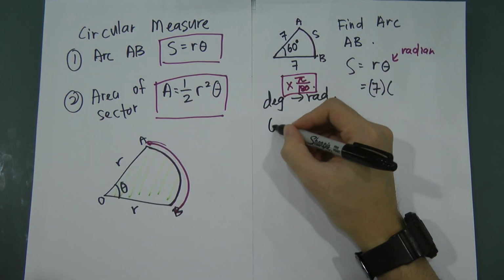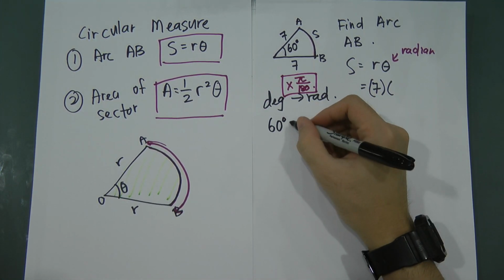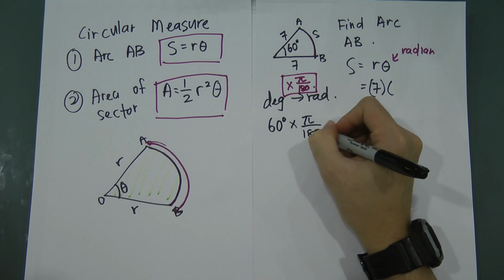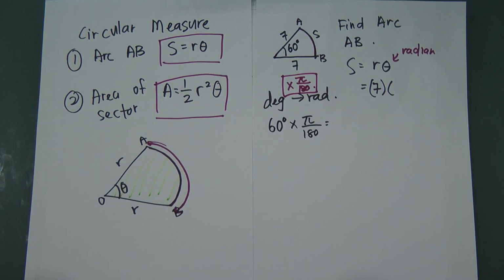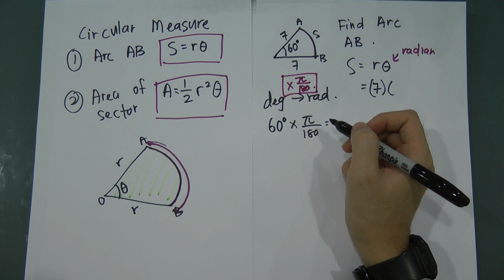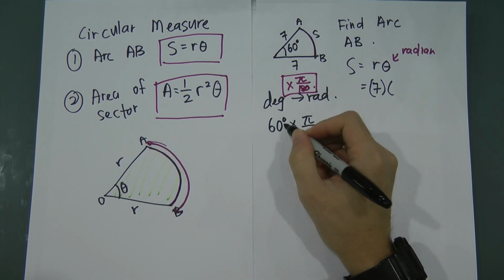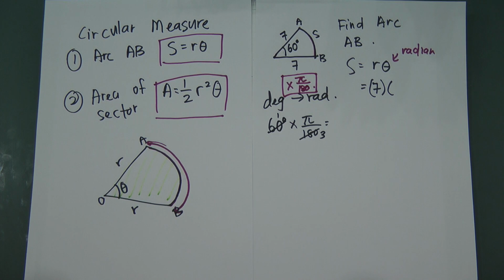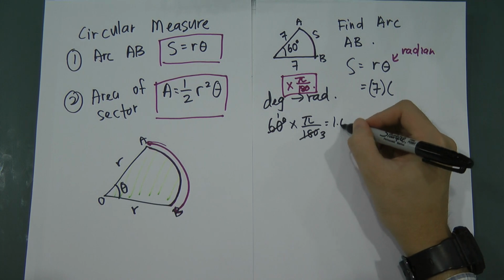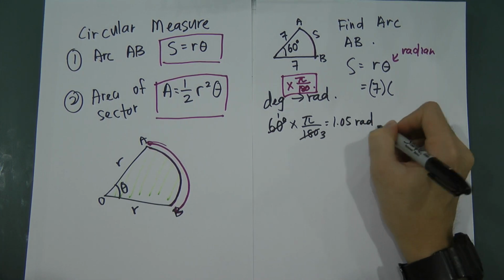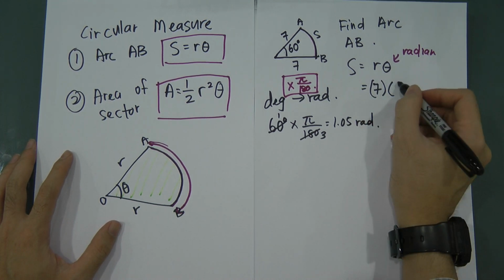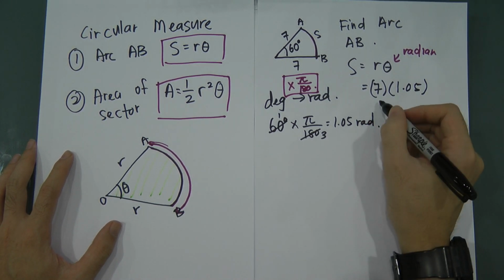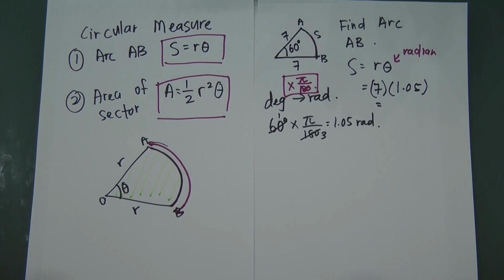So let's say I have 60 degrees and I want to change to radian. I multiply by pi divided by 180. I can simplify: this is 3, this is 1, so it's pi over 3, which is 1.05 radian. Then I substitute 1.05 into the formula.